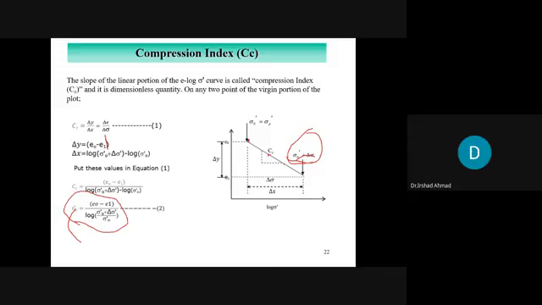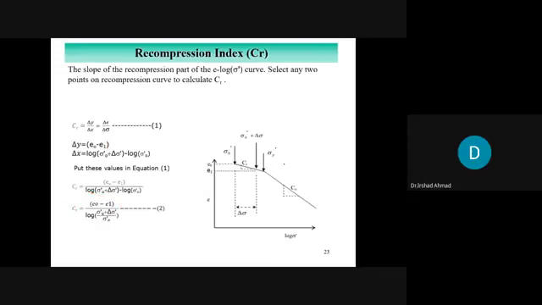Now, let's find the slope of the recompression curve, which is Cr. Recompression index Cr is the slope of the recompression curve. So, the equations of Cc and Cr are the same, right?